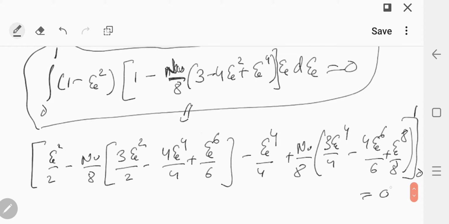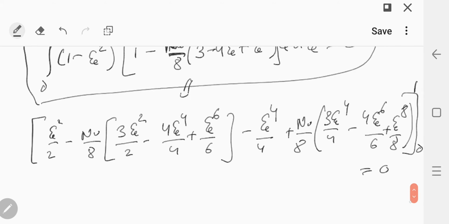Now putting the values zeta 0 as the lower limit and the upper limit 1.